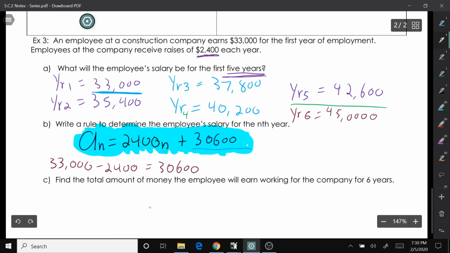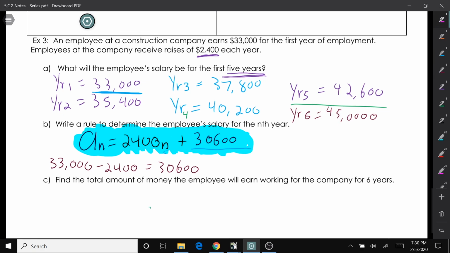So we'll just add up all 6 years in part A. So go out and get your calculator, add all of those up, and you should get $234,000.